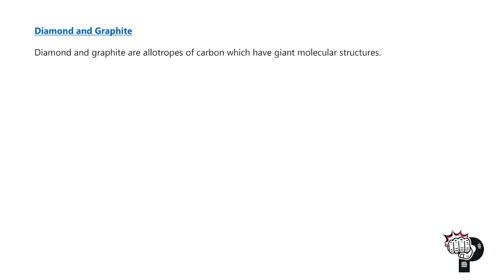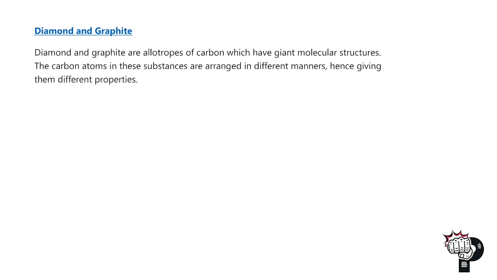Examples of 2 such giant structures are diamond and graphite. Diamond and graphite are allotropes of carbon, which have giant molecular structures. The carbon atoms in these structures are arranged in different manners. This accounts for the different properties of diamond and graphite.